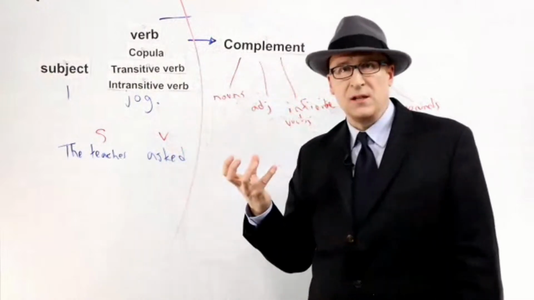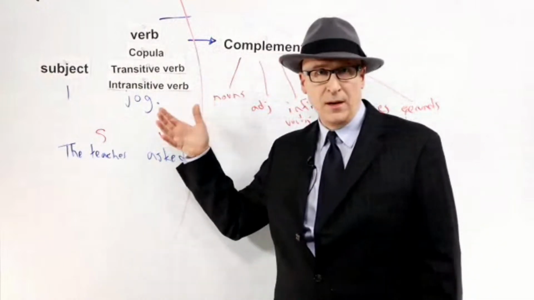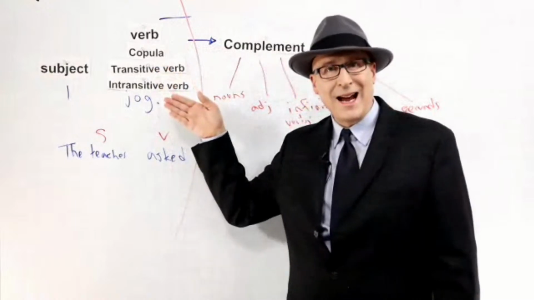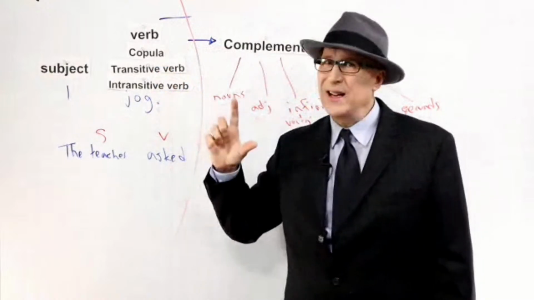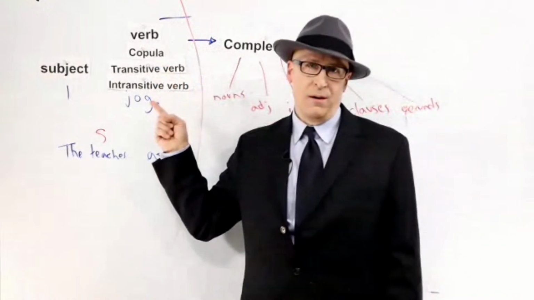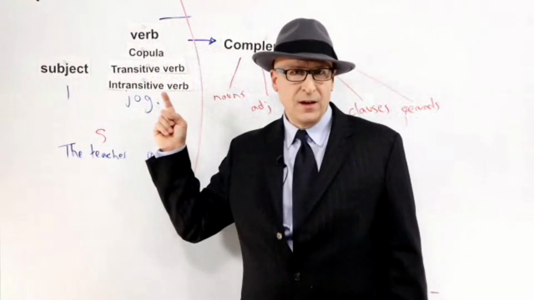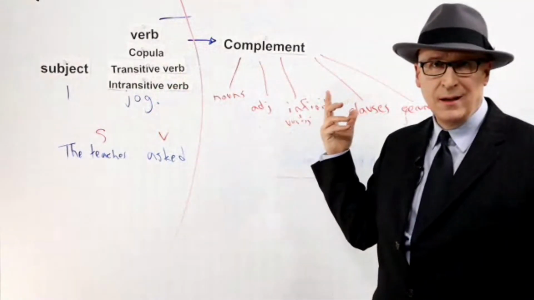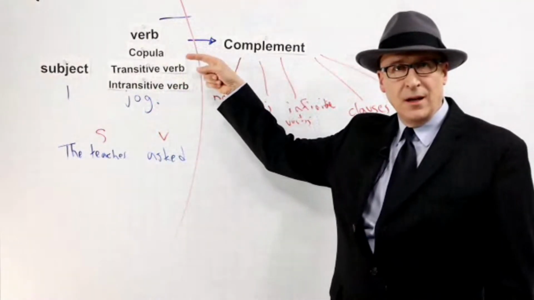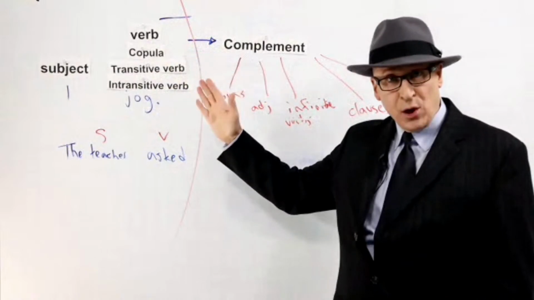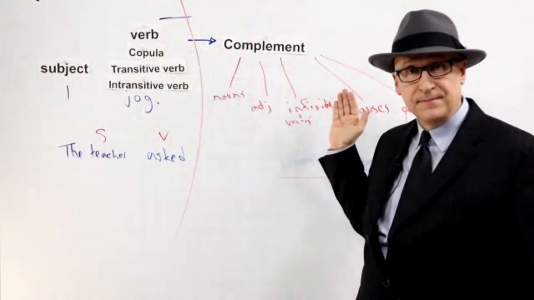This is the heart of a sentence, the verb. There are basically 3 categories of verbs. I think that is far more important to know than anything that comes after it. And the reason is simple: this determines what comes after it.